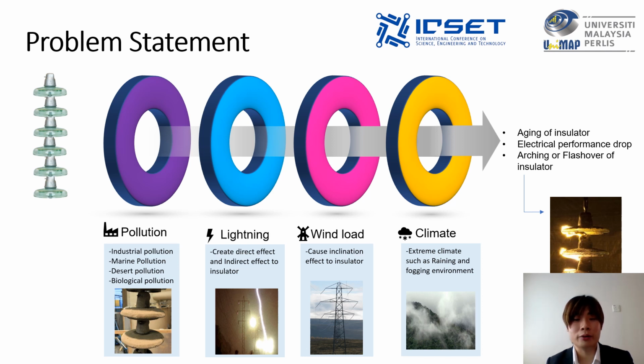Besides that, we also have lightning, wind load, and climate change, which give a significant impact to the insulator. In this research, we will focus more on the wind load action on the insulator. This is because high wind speed will swing the insulator and lead to the inclination of the insulator. If the insulator does not have proper maintenance, it will cause aging of the insulator. Thus, the drop of electrical performance may increase the risk of flashover or arcing. Flashover of the insulator will cause a breakdown in the transmission system.